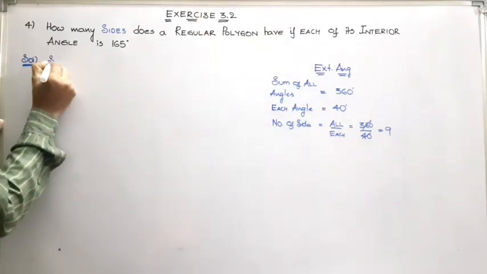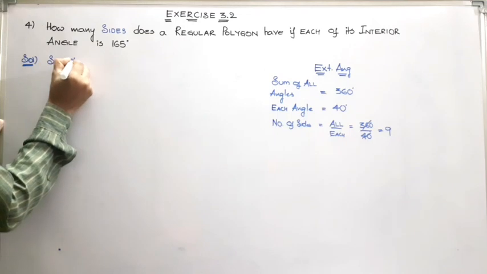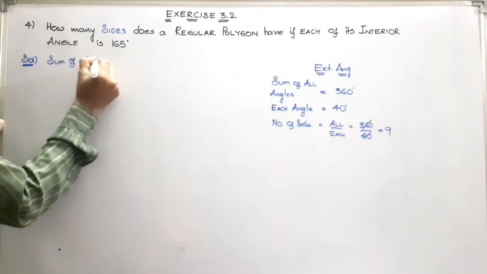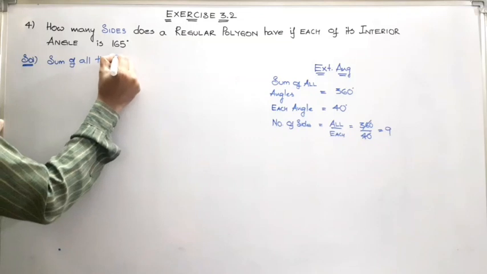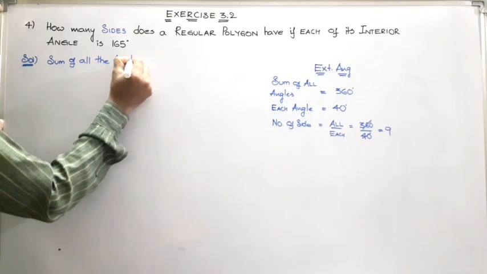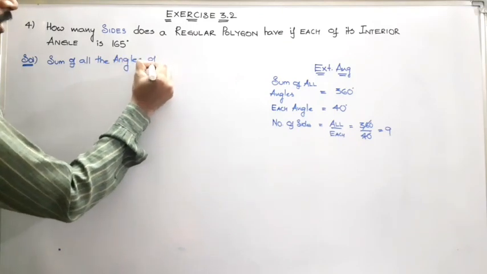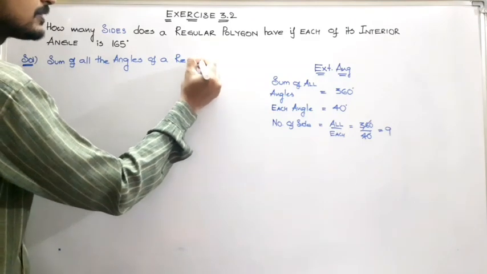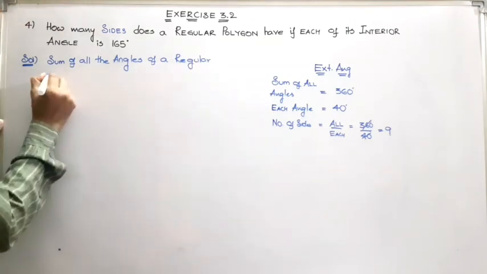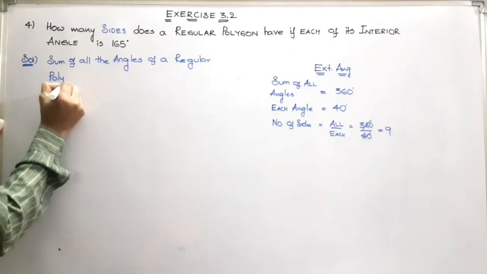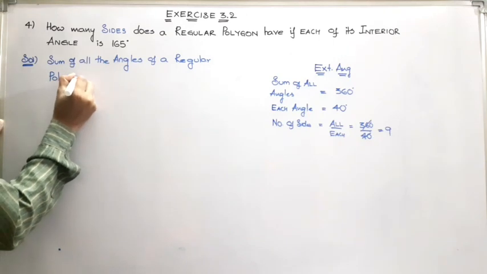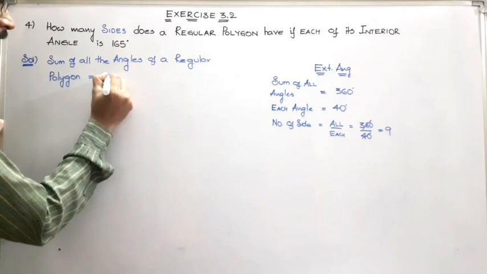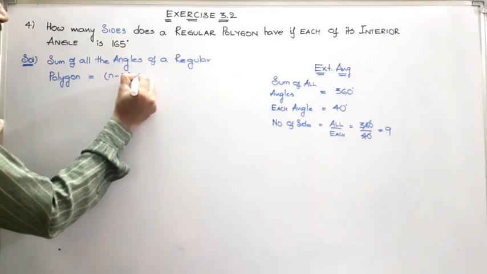We know that the sum of all the angles of a regular polygon is equal to (n minus 2) into 180 degrees.